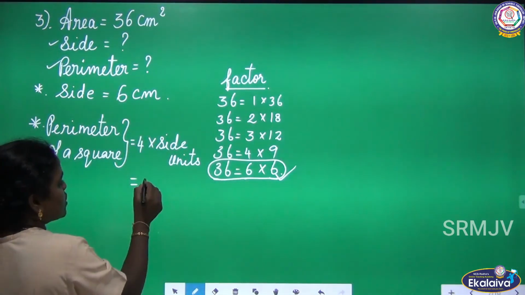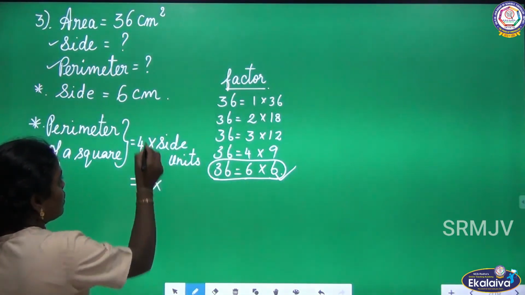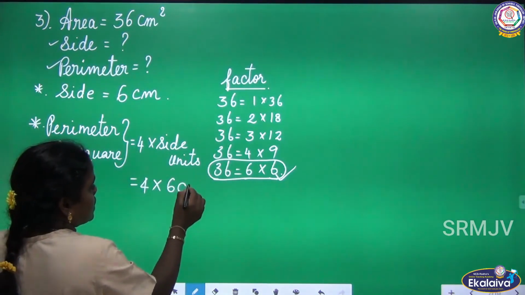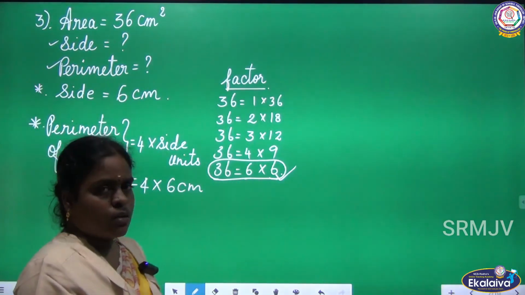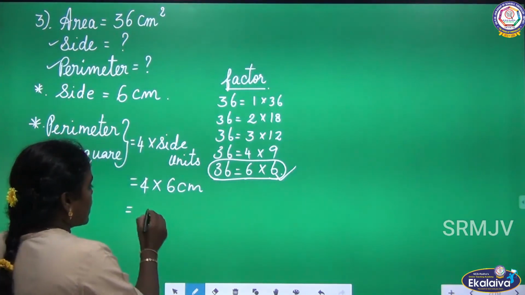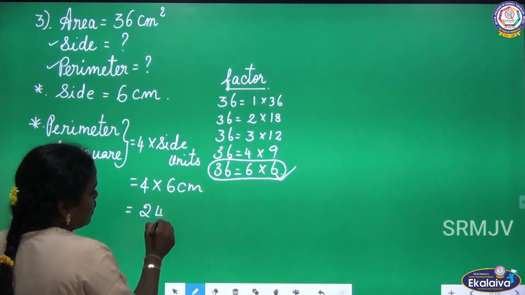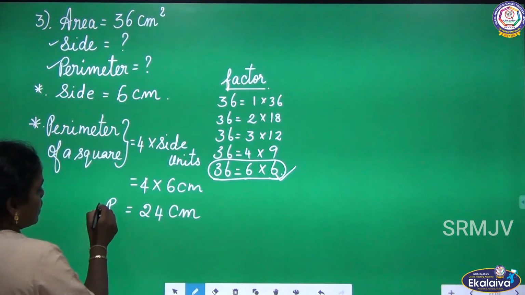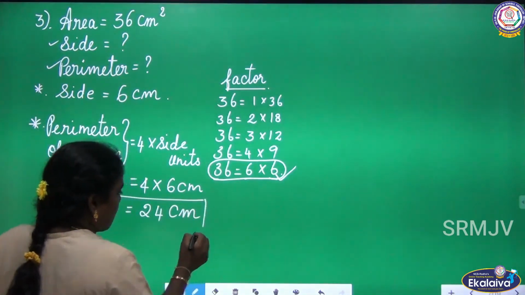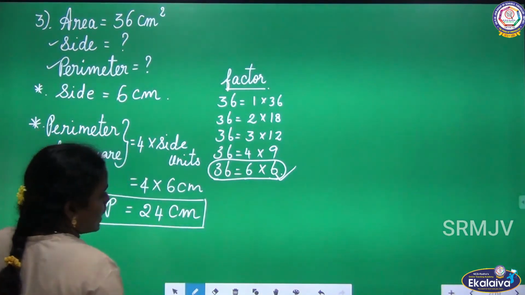Now let us substitute the value of side. It is 6 centimeter. So 4 into 6. 4 6s are 24. 24 centimeter is the perimeter of the given square. Now let us write the answer.